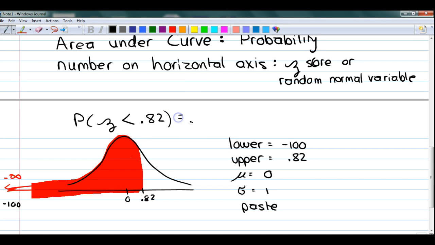And we get 0.7939 if I round to the 4th decimal place.